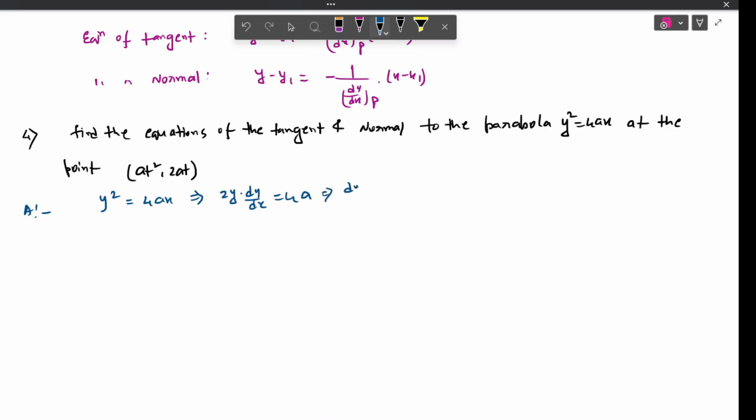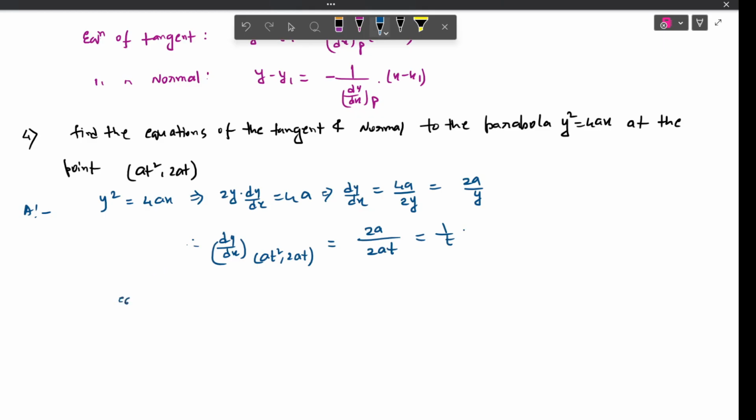Now dy by dx is 4a by 2y, that is 2a by y. Now the slope at point P, which is at square comma 2at: putting this value, we get 2a by 2at, so this should be 1 by t.